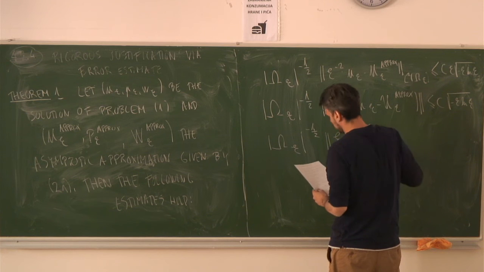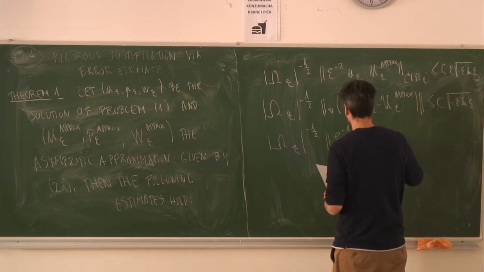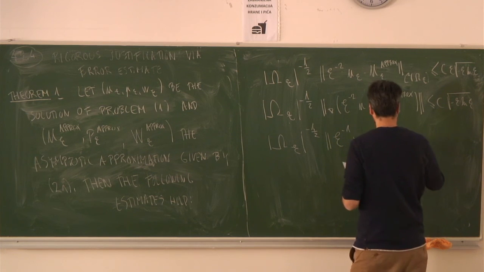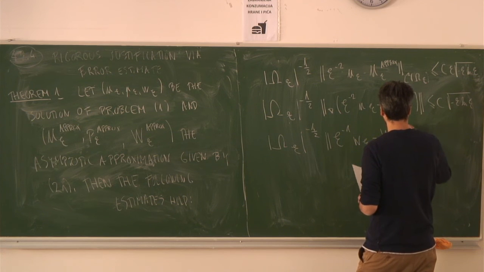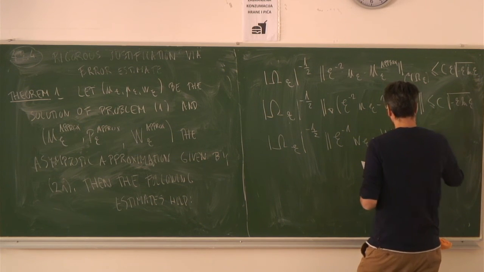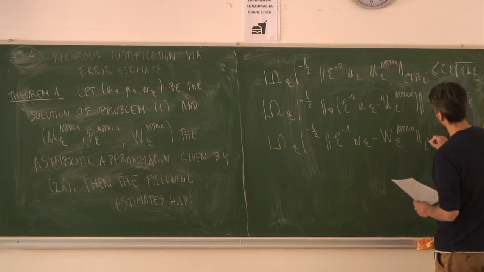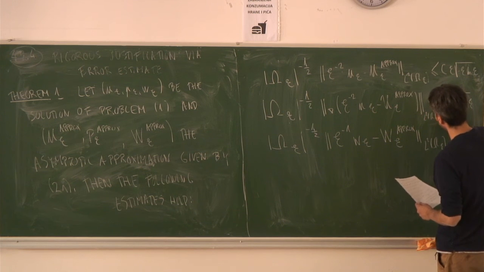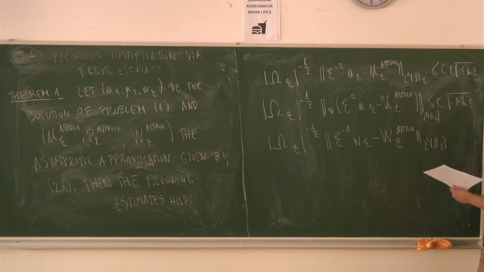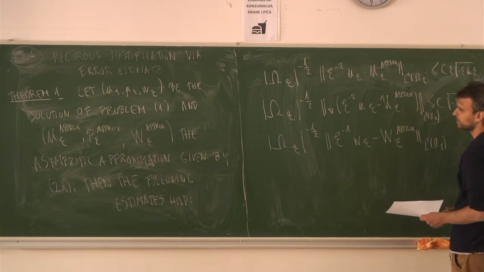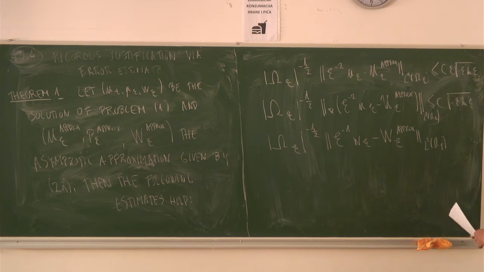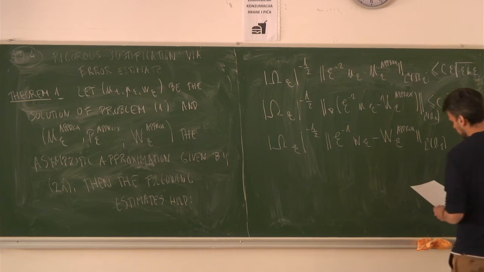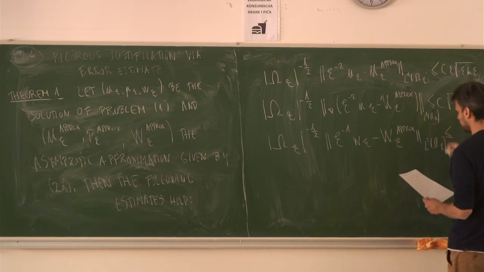So epsilon to the minus first, v epsilon minus v epsilon approximate, in L2 of omega epsilon, I didn't write it here. Usually we use L2, H1. Sometimes there are some weaker norms, but it depends on the problems. Not many papers with this, at least in the way that it is constructed.